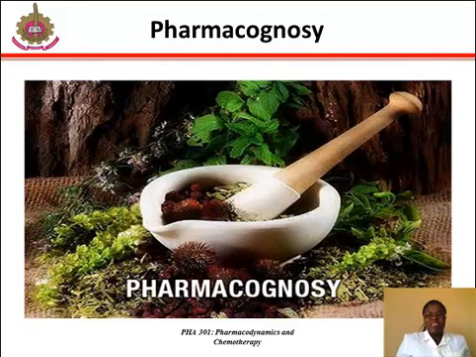Like we have mentioned earlier on, we can use the leaf, the stem, the fruit, the bark, the root of plants. Crude drugs may be obtained by simple physical processes like drying or extraction with water.